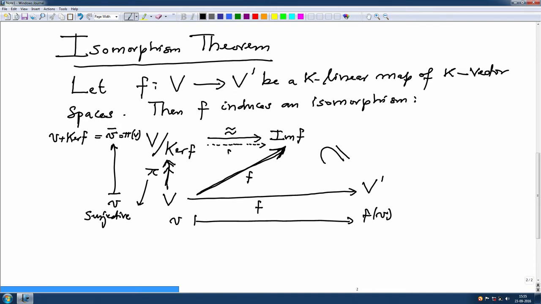It is K-linear, that is fine. I want to check that the map f bar induced by f is bijective.